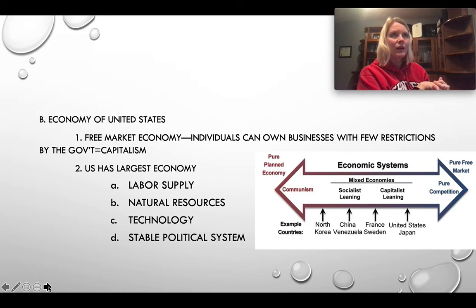We don't have a lot of people trying to assassinate government officials, because it's pretty stable. Once again, probably because of the separation of those three branches of government. We don't have a ton of war in our country and things like that. So it allows our economy to flourish and continue.